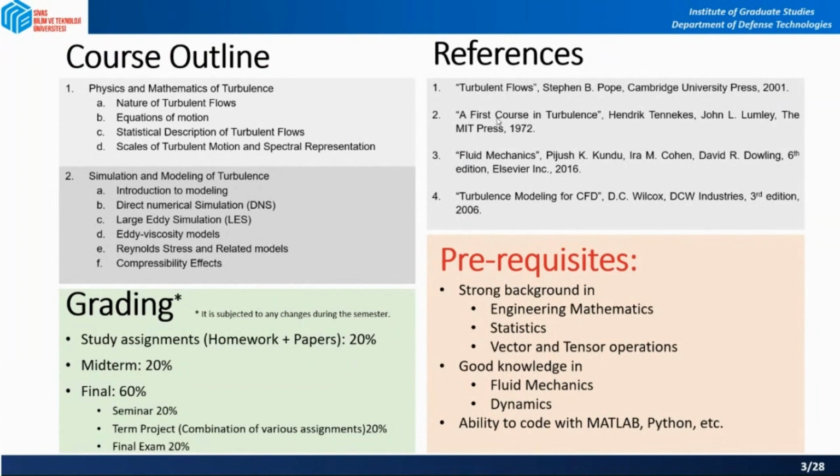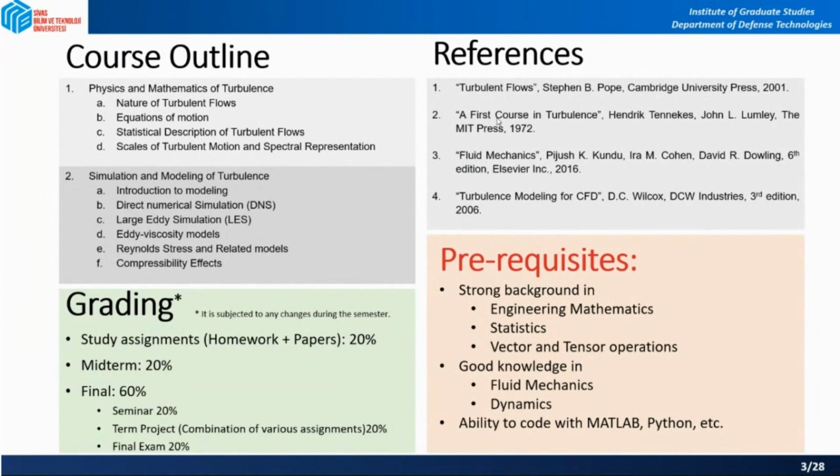We will discuss what kind of statistical analysis we need to use to understand the physics of turbulence. Also, the scales of turbulent motion and spectral representation, and we will finish the first part with a short introduction on modeling.